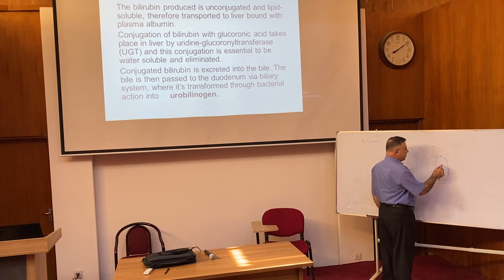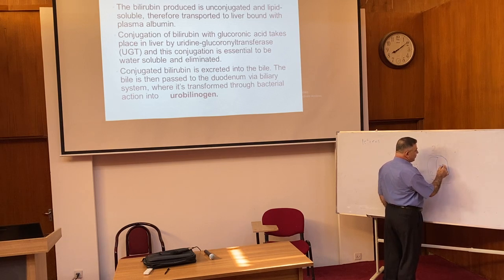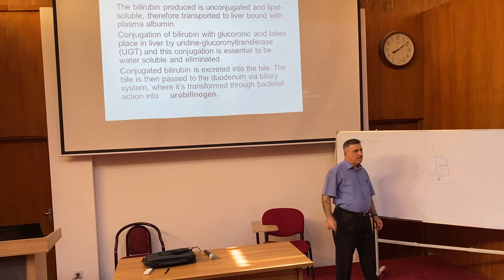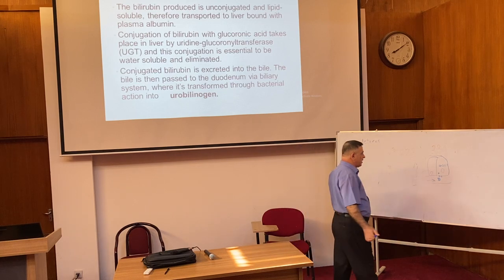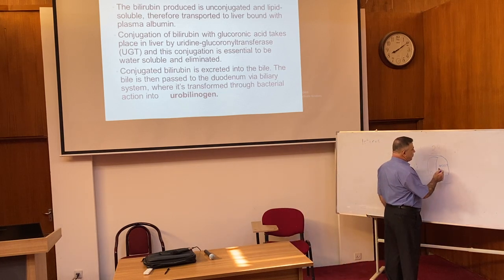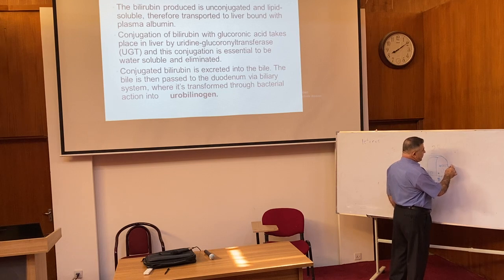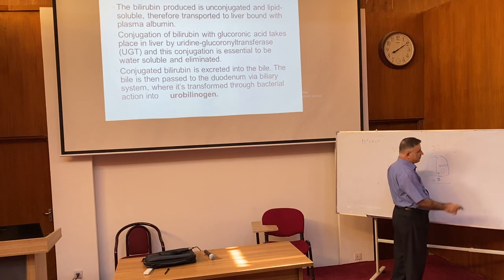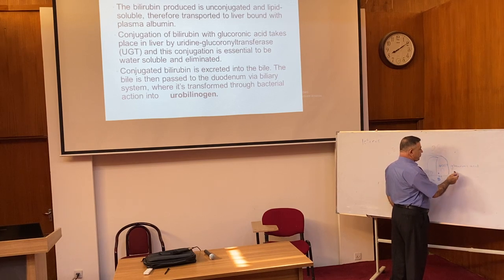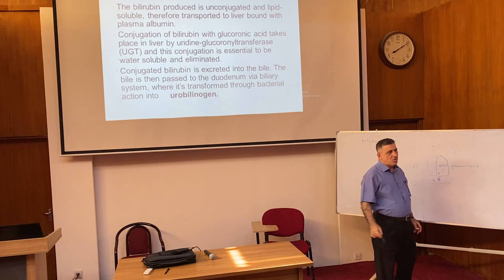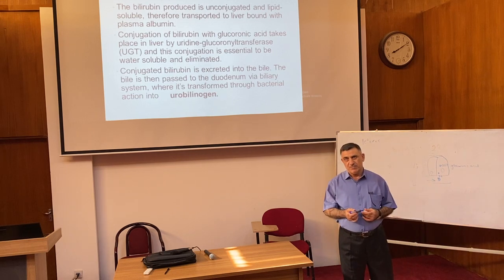Here there is an enzyme called UGT, uridyl glucuronyl transferase enzyme. This conjugates the bilirubin with glucuronic acid to produce monoglucuronide and diglucuronide.